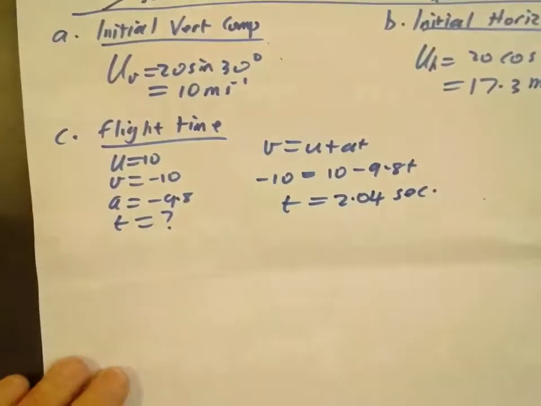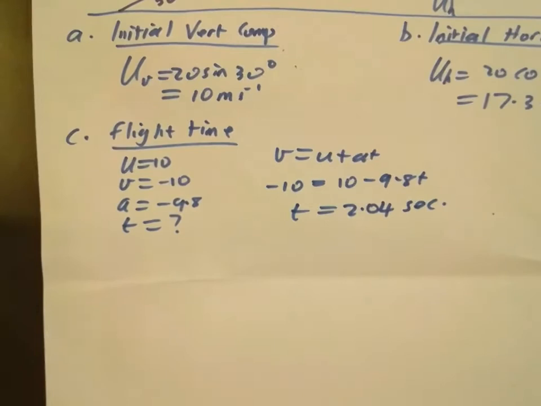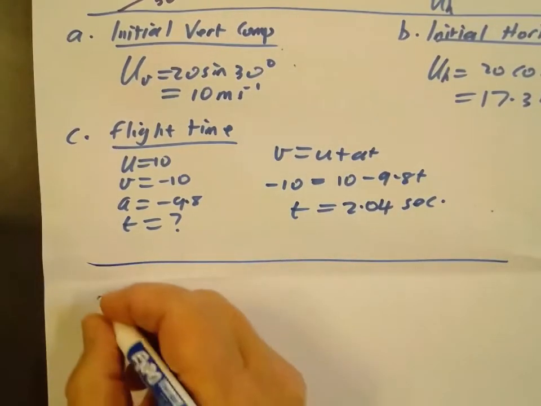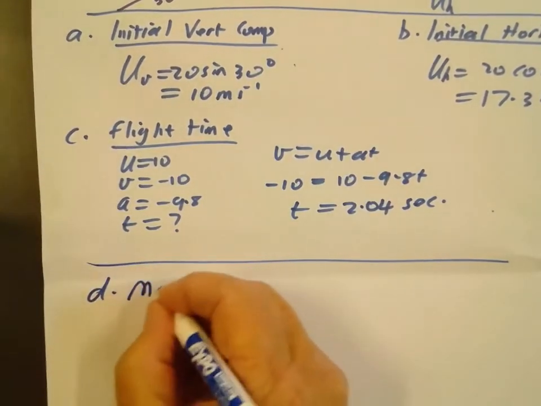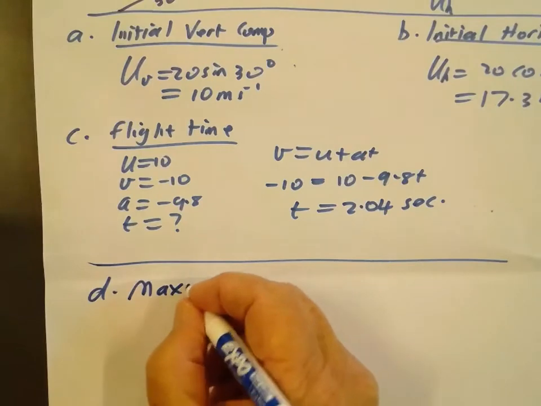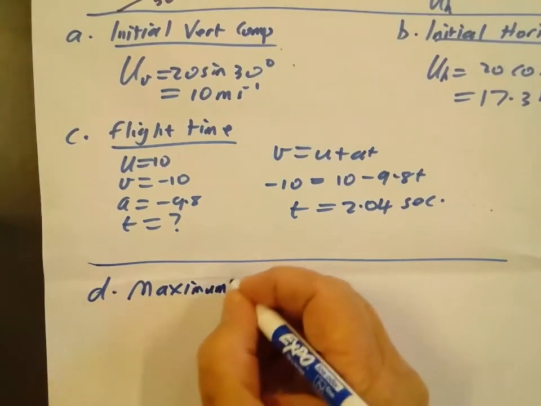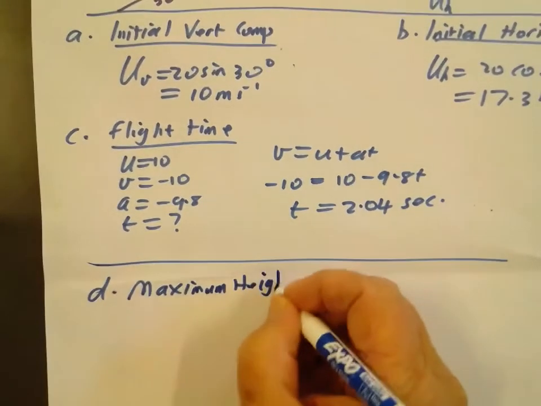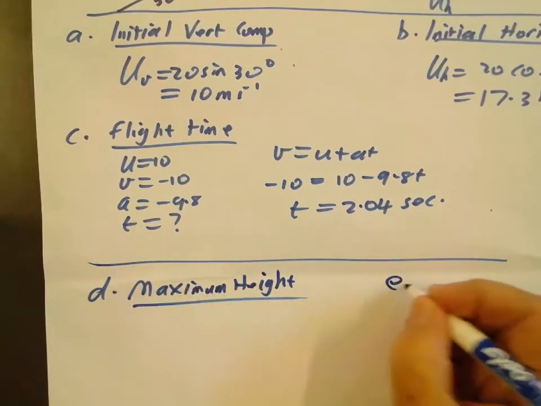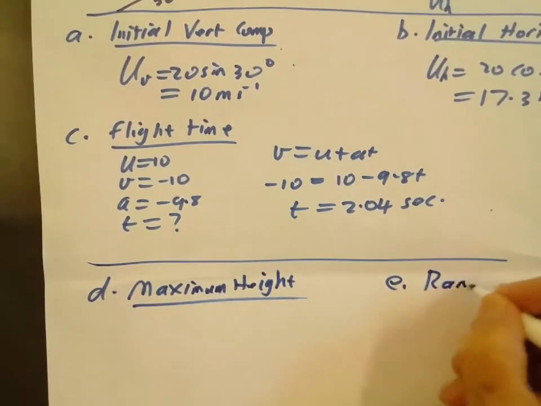And the last one, second last one, sorry, maximum height, and E will be the range, which we know is the horizontal distance. Okay, so let's just finish off.